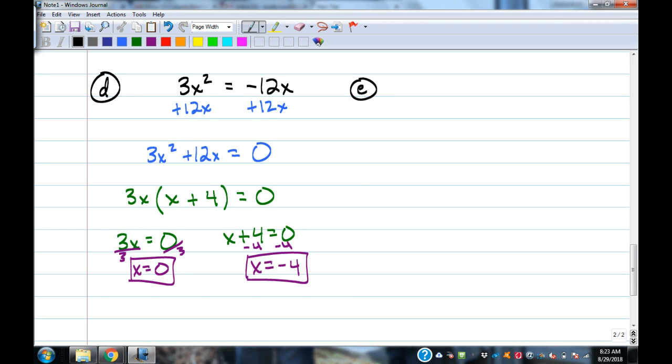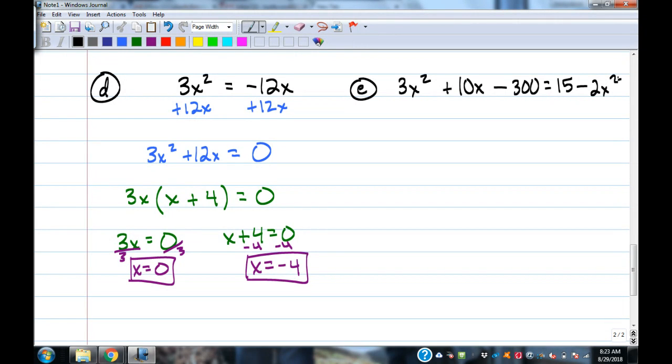Let's see here. Let's get one that does something a little different, just so we've seen some different things. Let's say we had 3x squared plus 10x minus 300 equals 15 minus 2x squared.